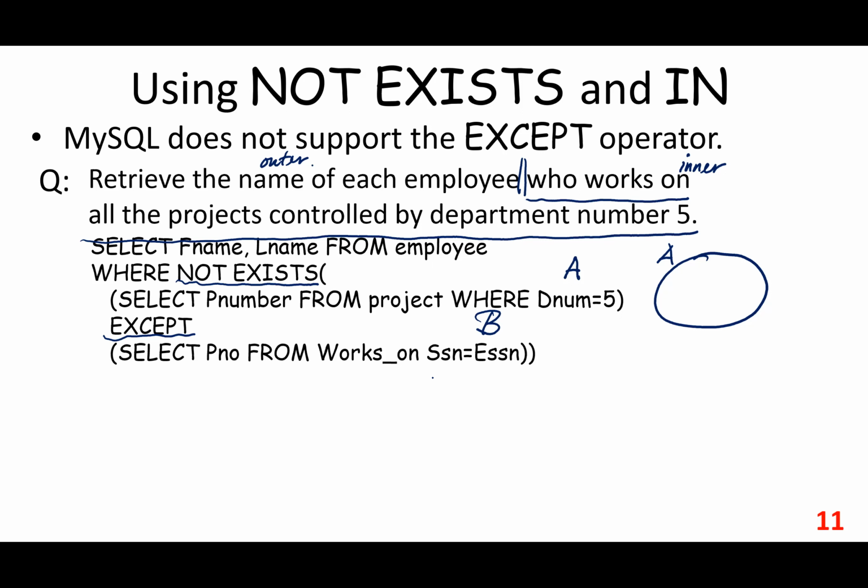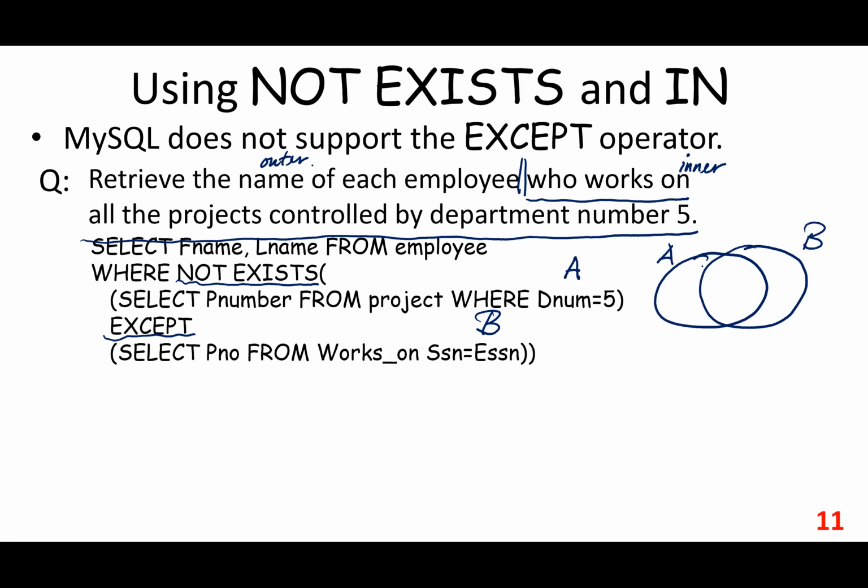From the works on table, we can find all the project numbers worked on by the current employee. That is set B.